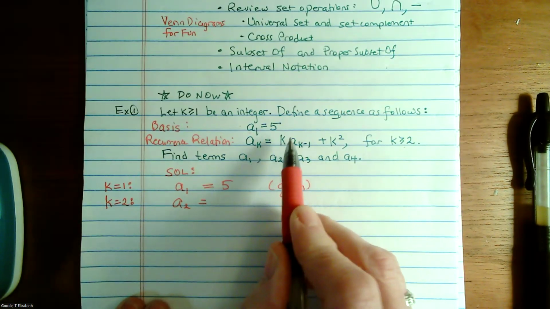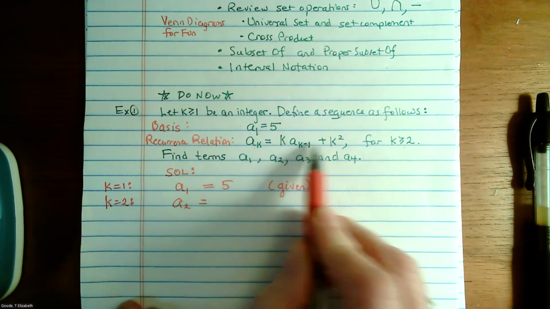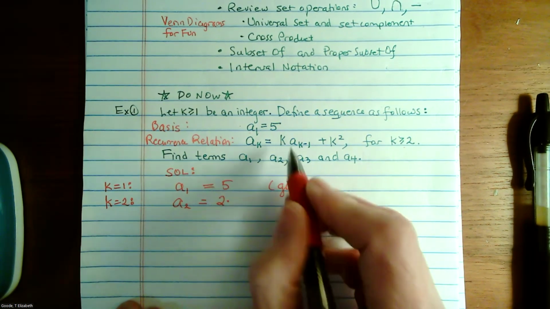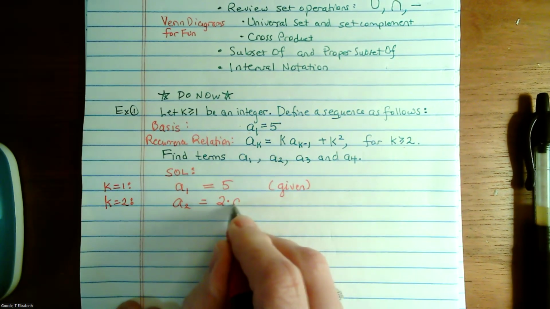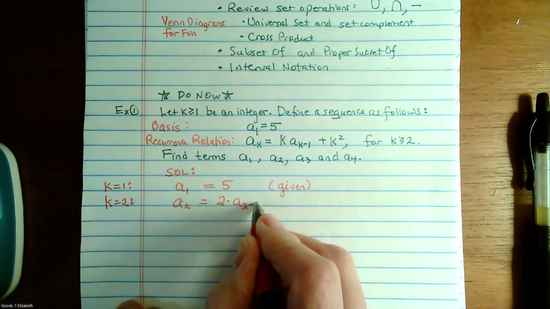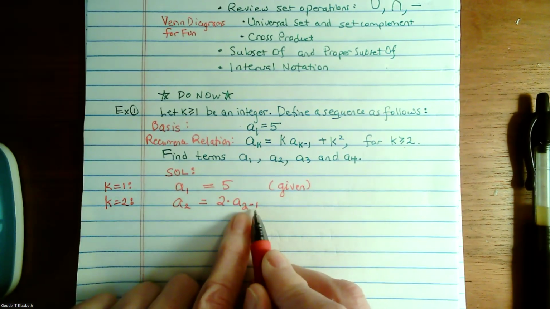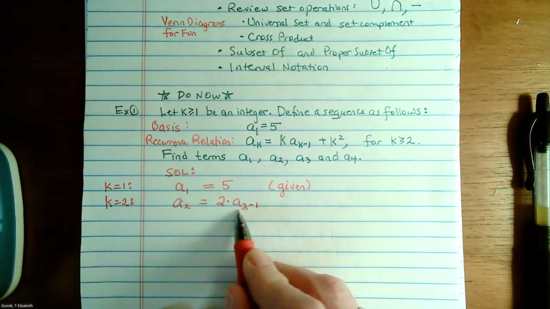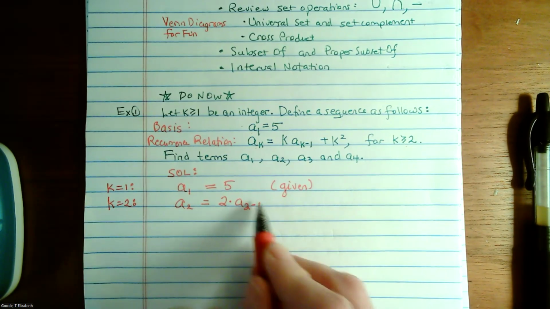Everywhere we see k, which is as the coefficient in this expression for a sub k minus 1, we write 2. So k is 2 times a sub 2 minus 1. So this is, again, arithmetic inside the indexing numbers. We're actually going to figure out what a sub 2 minus 1 is.